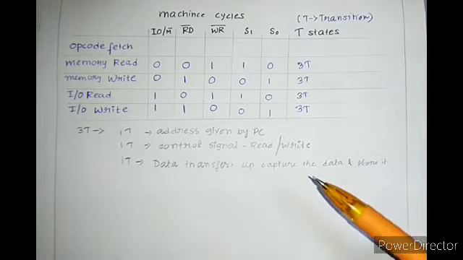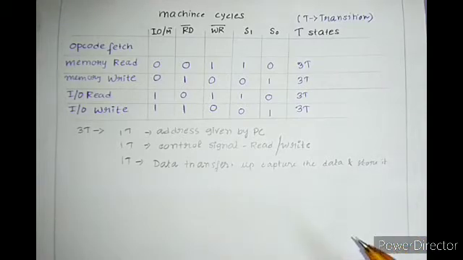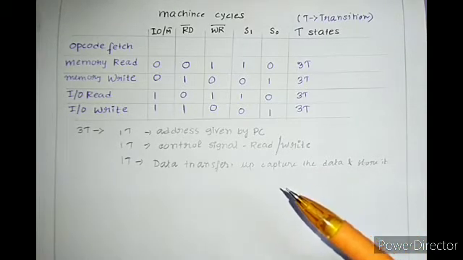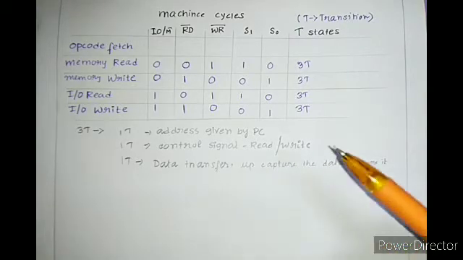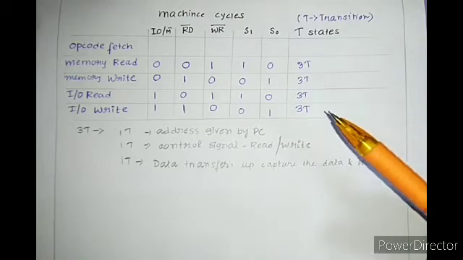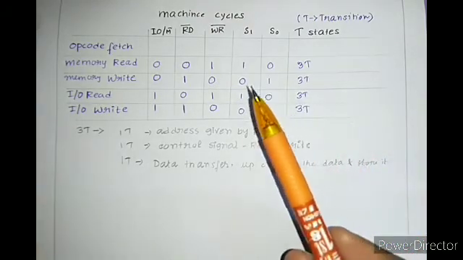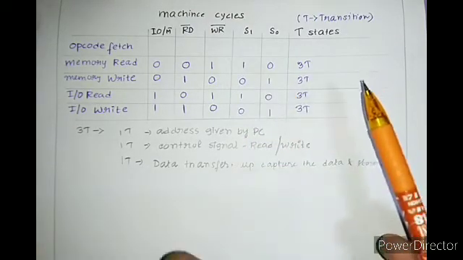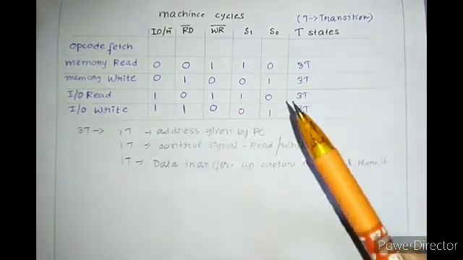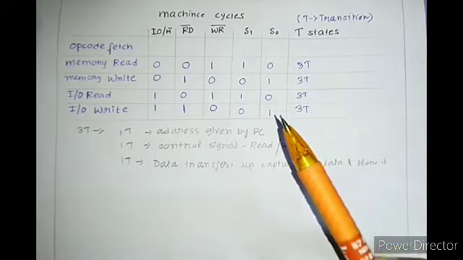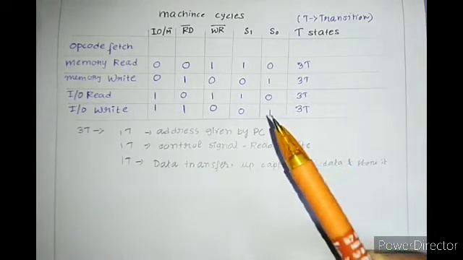What are T states? T stands for transition, right? We humans work according to the clock. We know that from this time to this time, this gap is 1 second. Then again the clock will go on, and this is how we measure time.